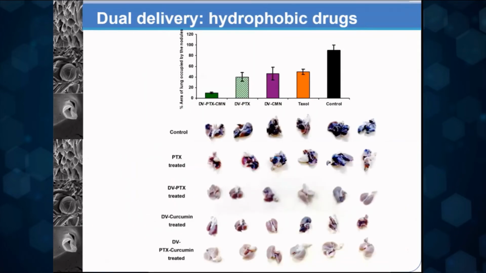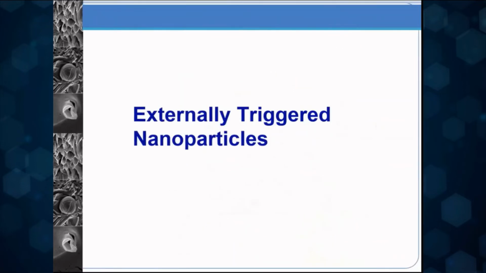And once again, the route can still be developed by you, whether it's through aerosol, oral, or intravenous. But based on your route, you will also have to keep in mind what barriers it needs to overcome. A little bit about externally triggered nanoparticles and biomaterials, as well as the concept of theranostics.